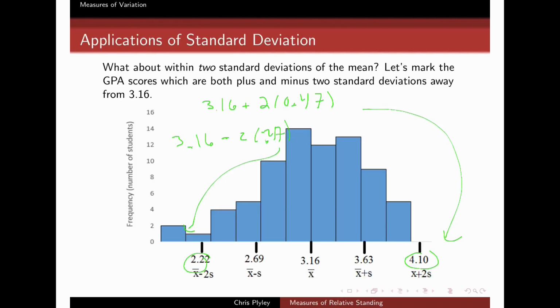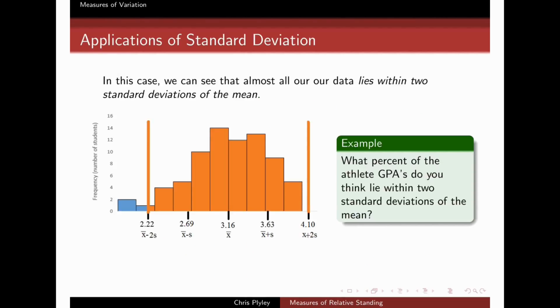So let's look at how much of my data actually fell within two standard deviations of the mean here. And you can see that almost all of it does. It's not quite 100%. I sort of surpassed my upper limit of GPAs here on the larger side, but on the lesser side I don't quite reach the lower limit of my data. But we're talking about greater than 90% of my data in this particular case being within two standard deviations of the mean.